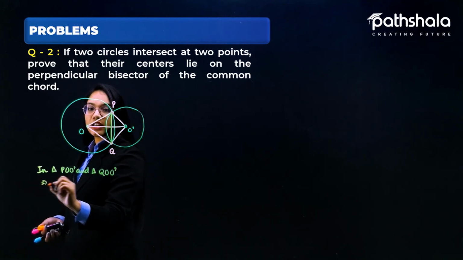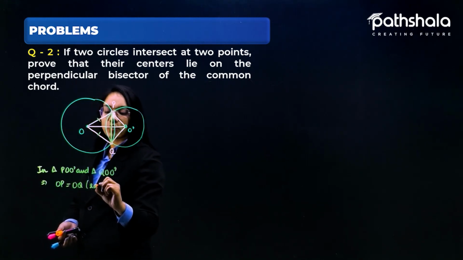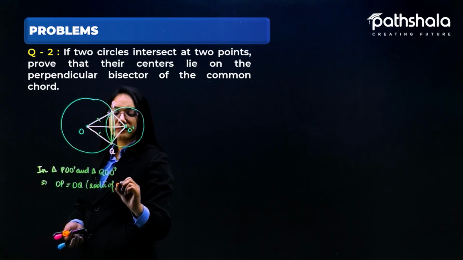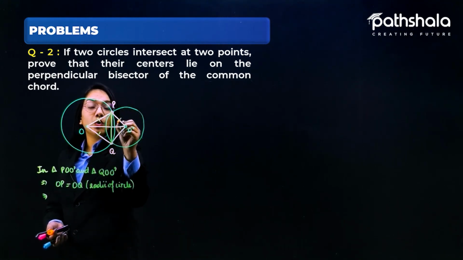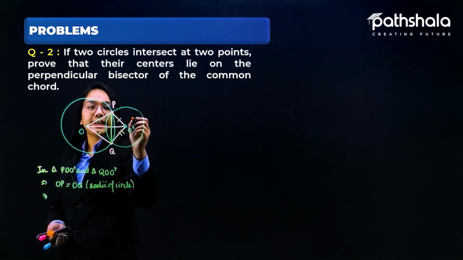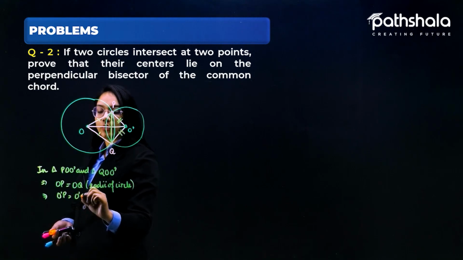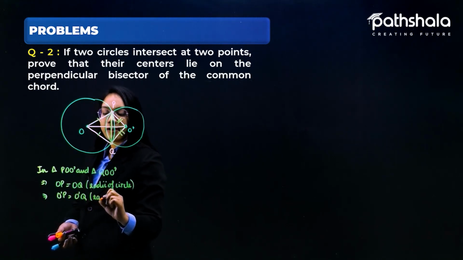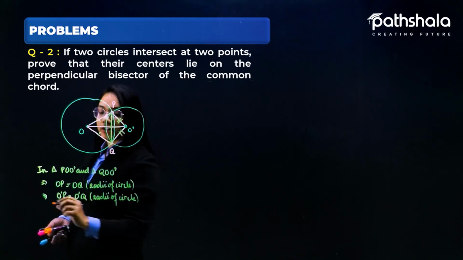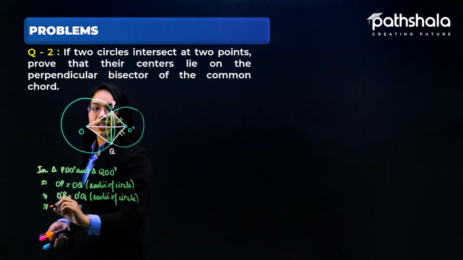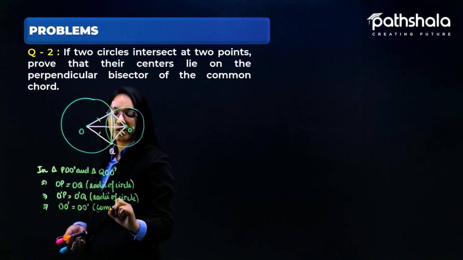First of all, OP is equal to OQ, being the radii of the circle. Furthermore, O dash P is equal to O dash Q, again because they are the radii of the circle. And OO dash is equal to OO dash, which is a common side.